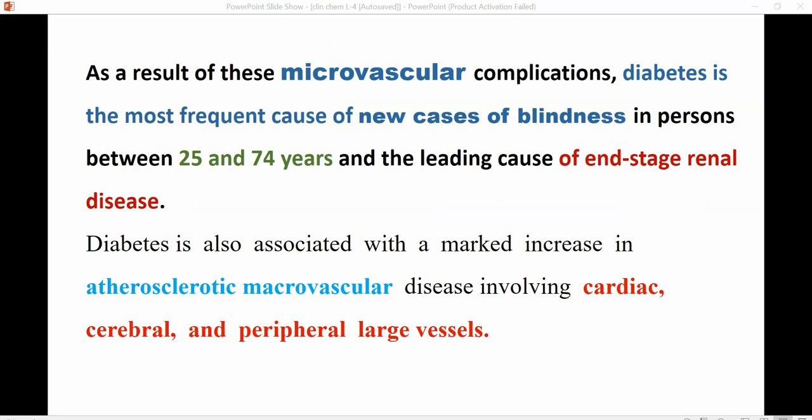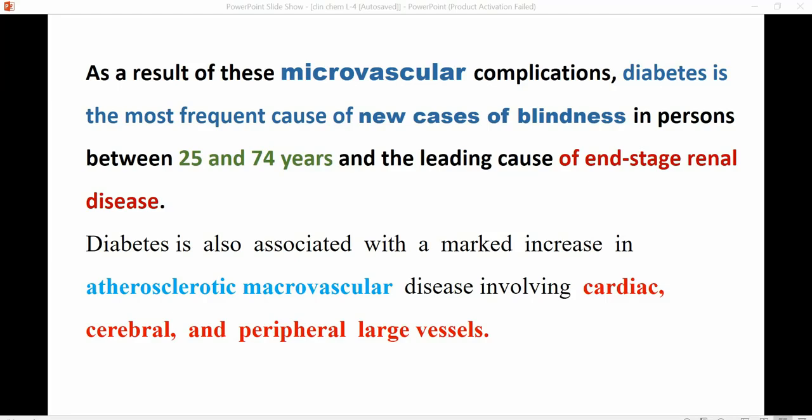The microvascular complications of diabetes affect a large number of patients, and mainly can result in blindness in persons between the ages of 25 and 74 years. It is also the leading cause of end-stage renal disease.